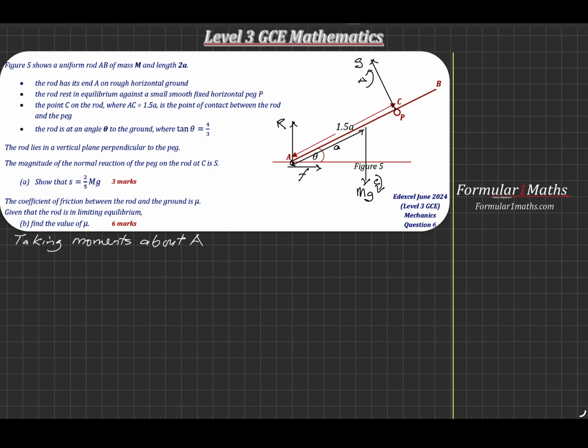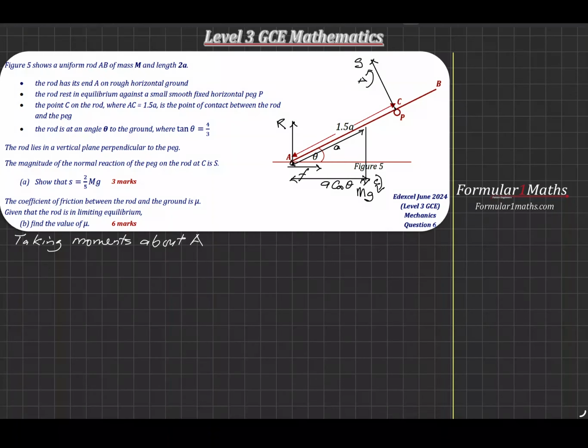So to find the moment due to mg, I prefer to resolve this distance. And so if I do that, I will have this distance here, which will be a cos theta.